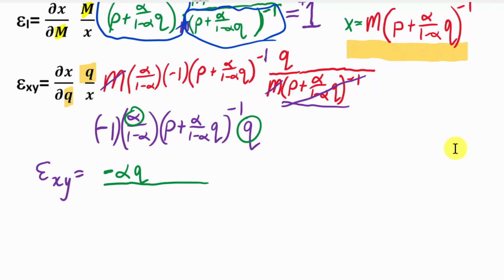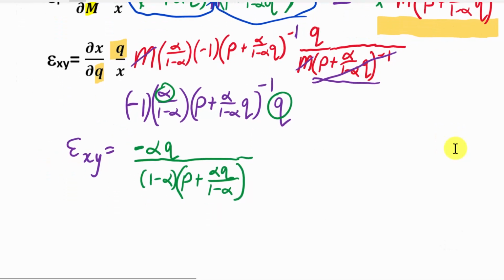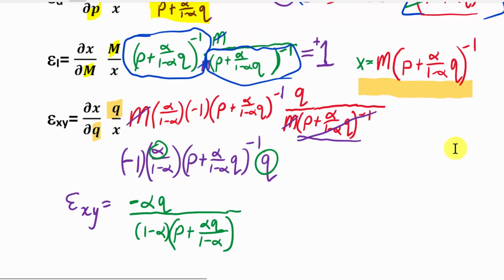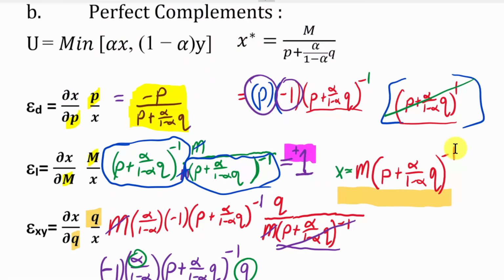We're going to have that minus sign, which we can put up top. 1 minus alpha times P plus alpha Q over 1 minus alpha. But that looks like about as simple as this is going to get. There are a few ways we could rearrange things. So nothing really super interesting there about that cross price elasticity of demand, unless I am missing some obvious way to simplify that. But we did get some very interesting, simple results when it came to the income elasticity for this kind of situation. Always 1.